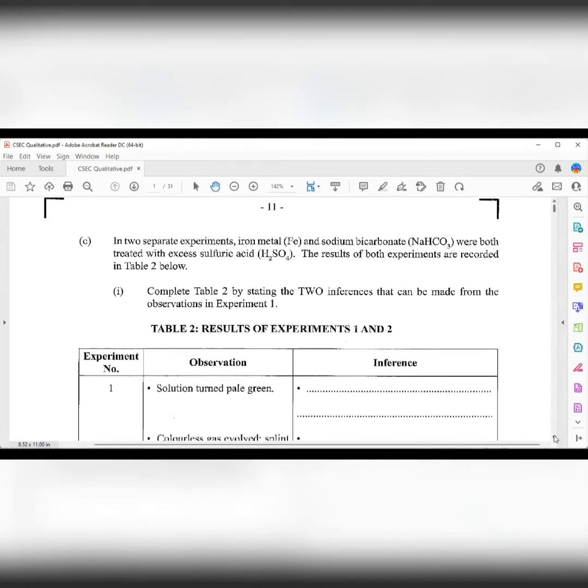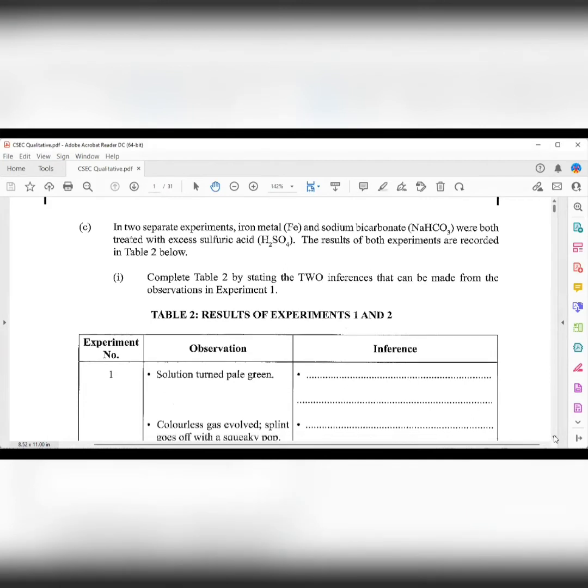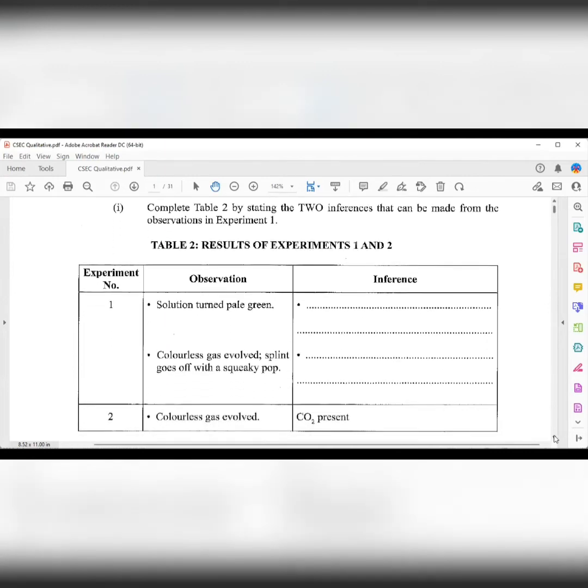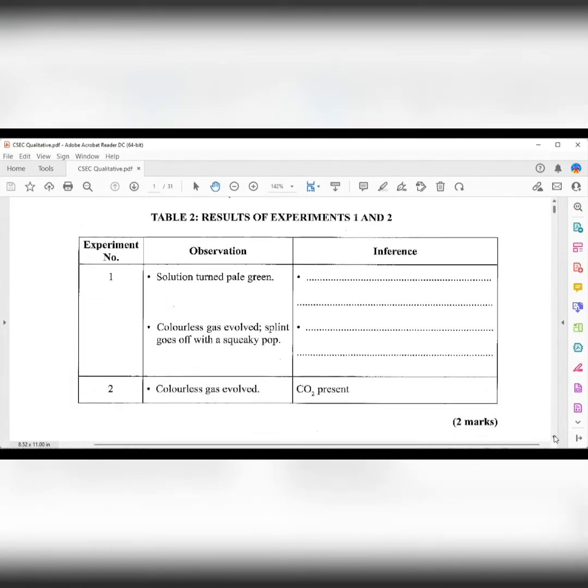So they treated iron metal and sodium bicarbonate with acid. Sodium bicarbonate is sodium hydrogen carbonate, as you can see there. Okay, so in experiment number 1, the solution turned pale green. We just said if the solution turns pale green, it means that you have iron 2+ ions. So that's what you need to write for your inference.